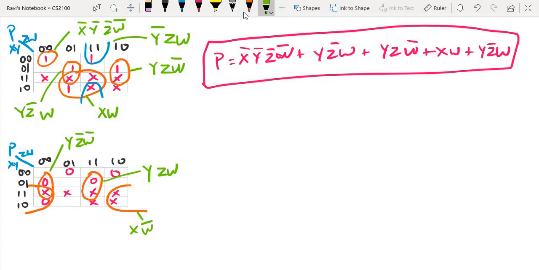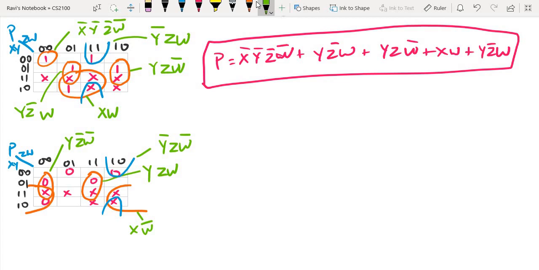Then we have another wraparound here, this 0 and this X over here, and this would give us Y bar Z W bar.